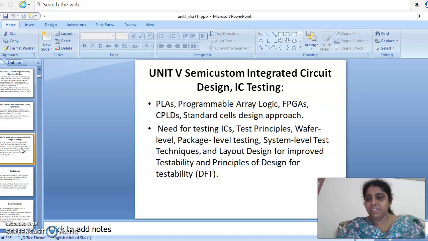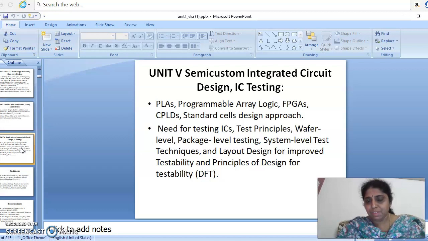At each and every stage of VLSI design, testing plays a vital role, because if we don't test properly, all our effort gets wasted. At the wafer level itself we need to test, at the package level we need to test, at the chip level, system level, everywhere we need to do the testing. Otherwise all our effort gets wasted. So according to the rule of 10, at the earlier stage if we test, the cost becomes less.